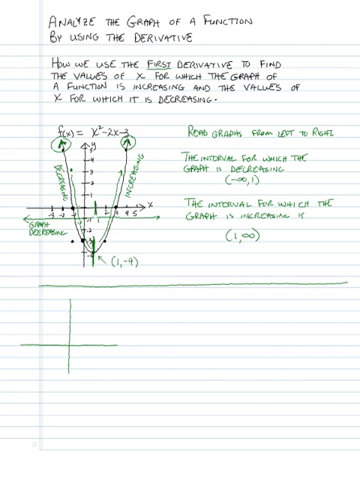Here's 1, and here's 2, and here's 3, and suppose we had a graph that came in here and did something like this.